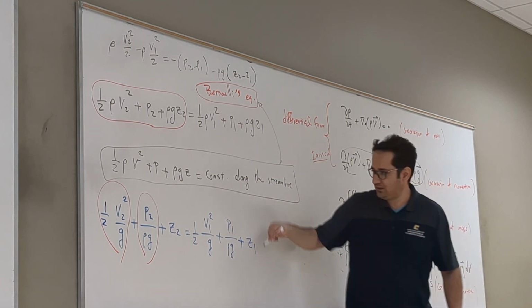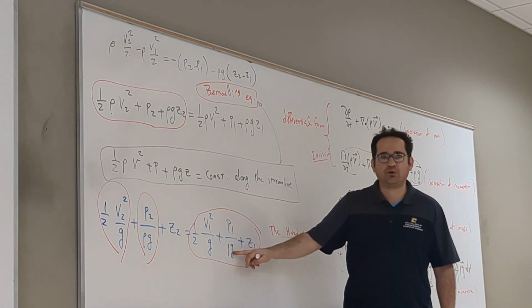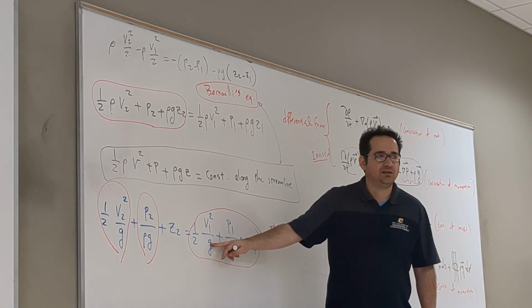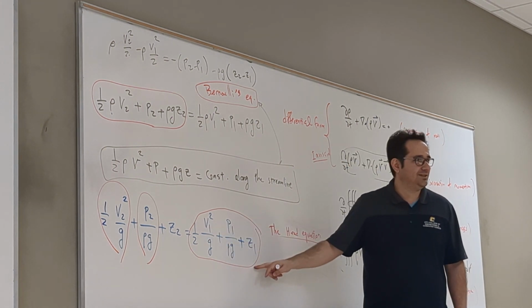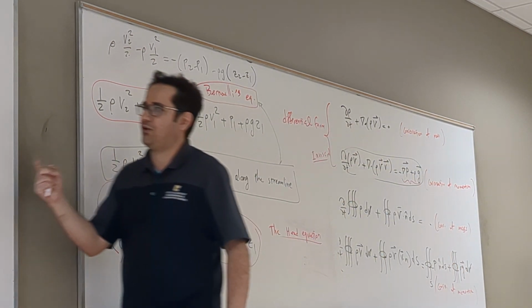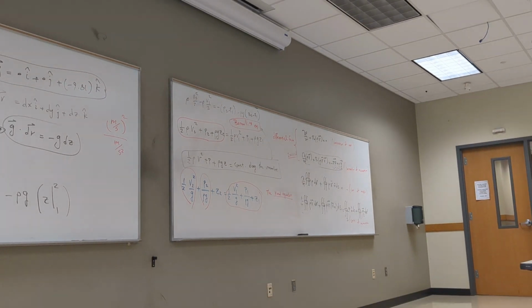You see, this is the head. This is the pressure head, and this is called the velocity head. So this is the total head, right? And they say the total head is constant along the streamline. So that's another representation of Bernoulli.